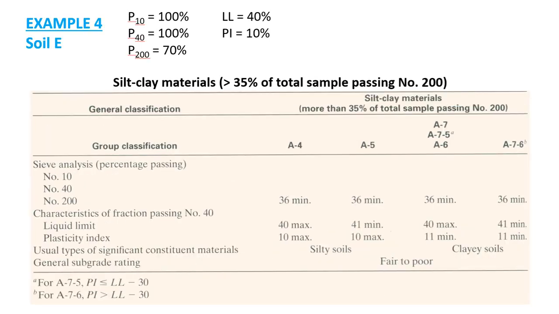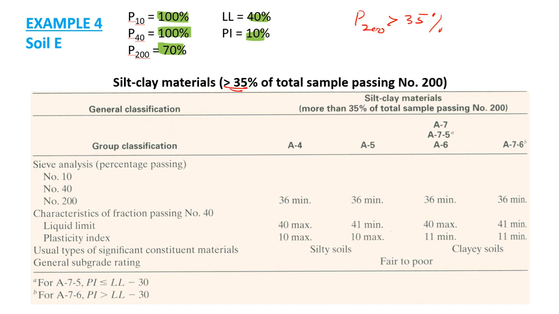So this is our example number 4. So this is 100, 100, 70, 40, 10. So this is the same data that we got from the table soil E that I call example number 4. So here we see that passing number 200 is more than 35. So it's a sandy silty clay material.